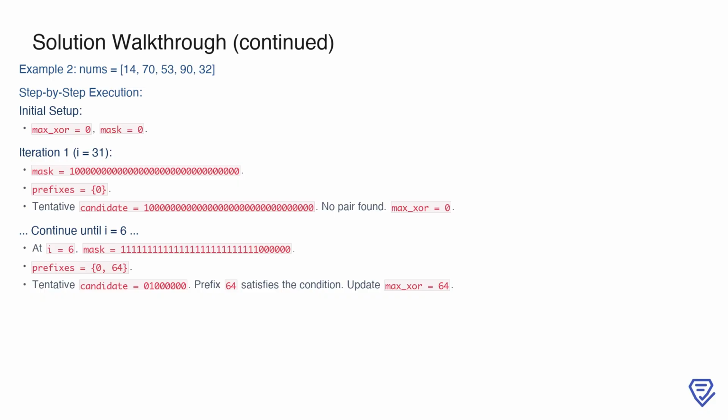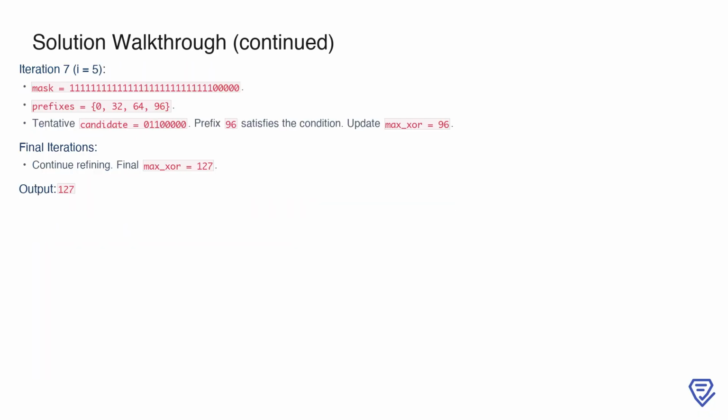At this point, the tentative candidate is 01000000, and we find that the prefix 64 satisfies the condition, allowing us to update max_XOR to 64. This demonstrates how the mask helps isolate progressively smaller groups of bits and allows us to find achievable XOR values.